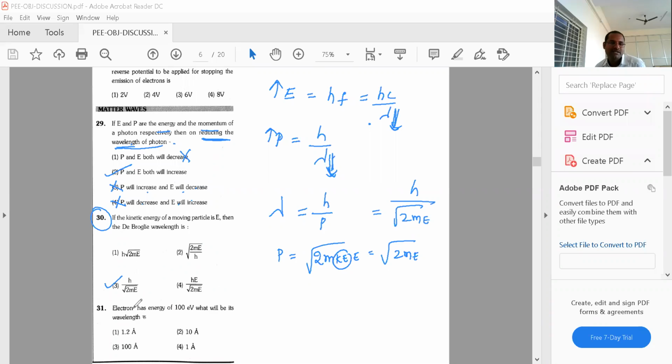Okay, next. Question number 31. An electron has an energy of 100 electron volt. What will be the wavelength? Very important question, for your board exam also, students, they will ask this.